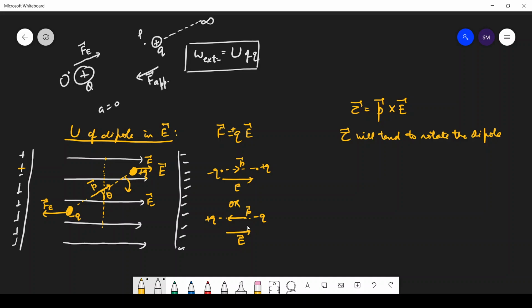So here they are anti-parallel, theta is 180 degrees between them, and here they are parallel, theta is 0 degrees. So this torque will tend to rotate the dipole unless P is parallel to E or P is anti-parallel to E.